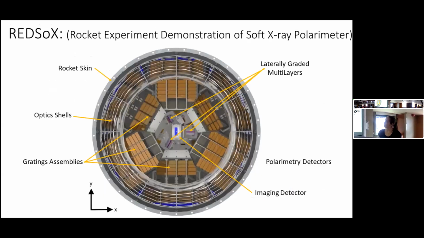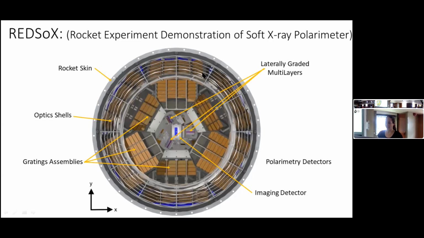So here is sort of the photon's eye view of what will happen inside the rocket. So out here is the skin, and then these layers here are the optic shells. So it'll come in, hit off of this and start focusing. These gold things here are the gratings.